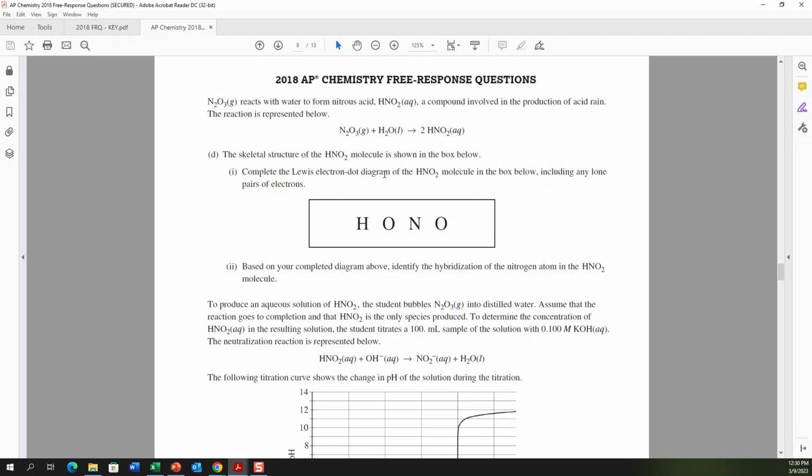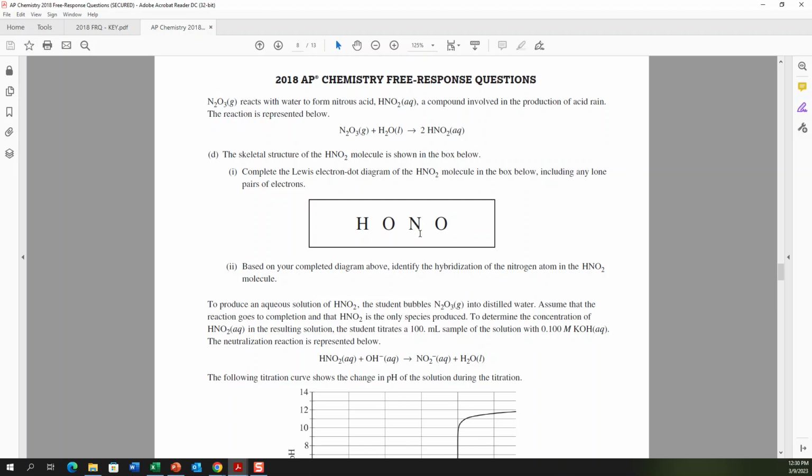Complete the Lewis electron dot structure of the HNO2 molecule in the box, including any lone pairs. So notice it didn't say anything about formal charge. So this could have a couple answers that would be acceptable, but I think I have the one in my key that has the correct formal charge, okay?